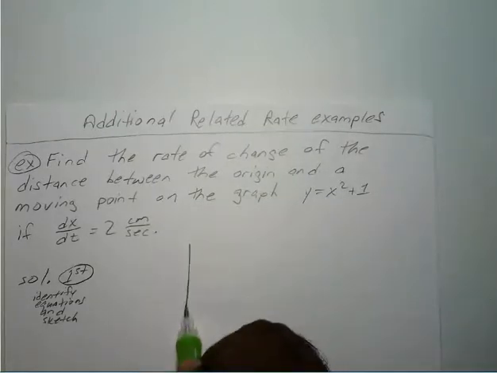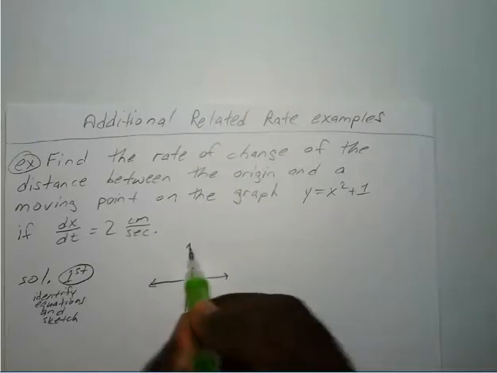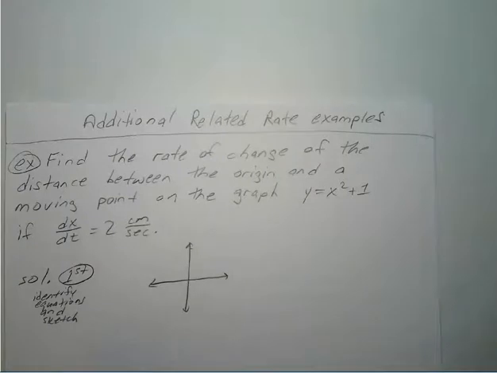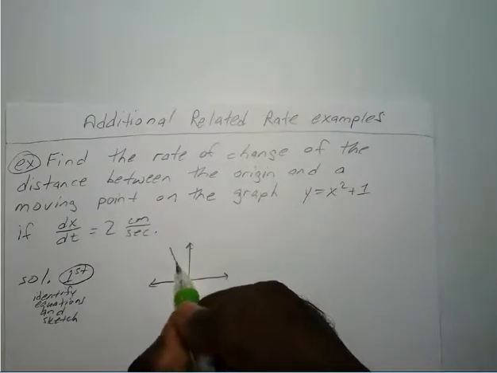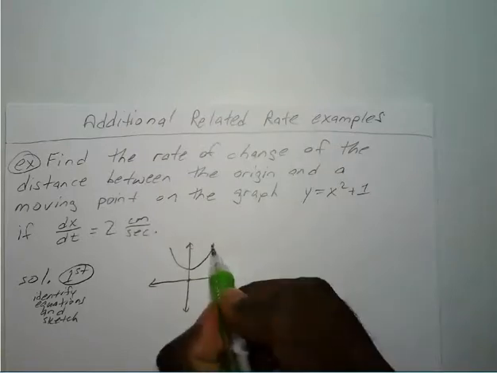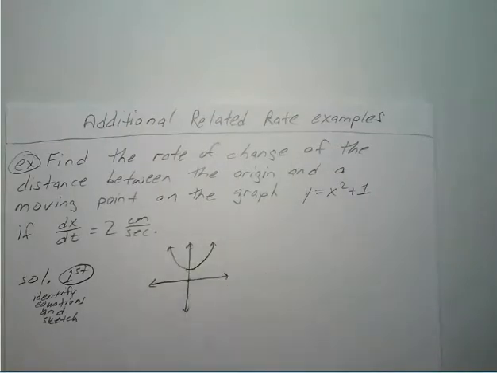If we sketch our y equals x squared plus 1, that's your origin, so y equals x squared plus 1 will look something like that, assuming that this here is your 1.